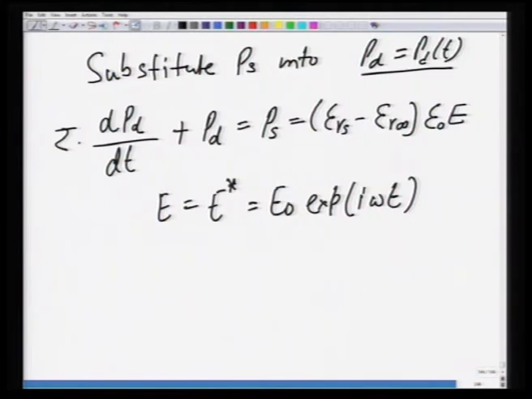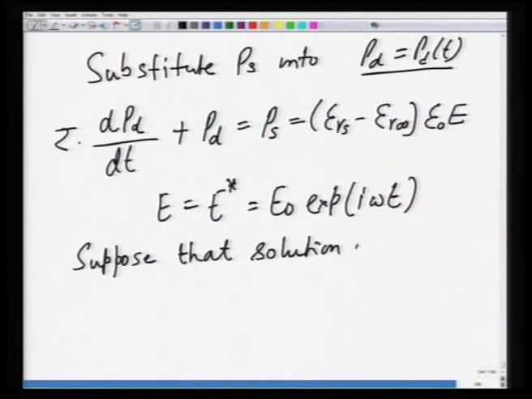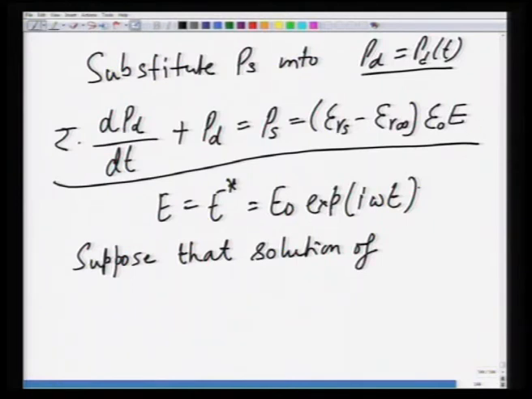Now, life is going to get a little bit more complex in solving this, especially when you substitute this there. So, what we do is that we assume a solution. Okay. So, assume that, since we are solving for P d, suppose that the solution of this equation, basically the relaxation equation, is P d star.